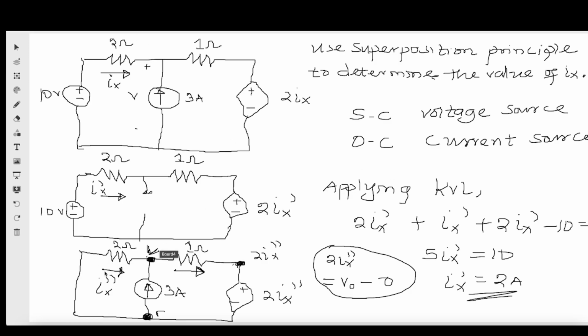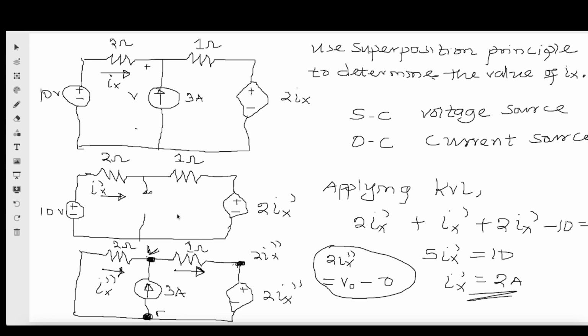So from here you can see that Ix prime prime is the current flowing through the 2 ohms. But I can write it in terms of V. Ix prime prime is coming from the reference node, which is 0, to the node voltage V. So that's 0 minus V divided by 2.